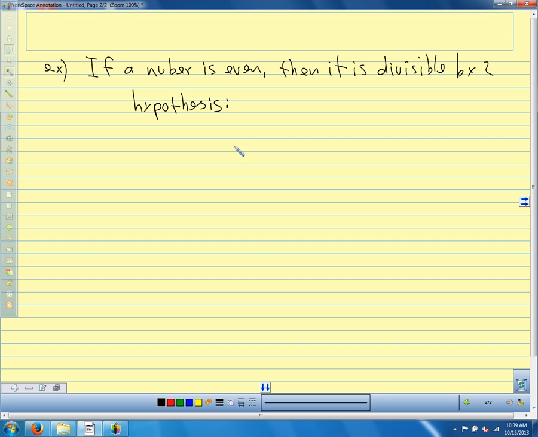The hypothesis? So we can say it has to do with an even number. So we just look at this first part after the word if. Our hypothesis is this first part after if. So it is a number is even. And the conclusion? What would our conclusion be? It is divisible by 2. Very nice.